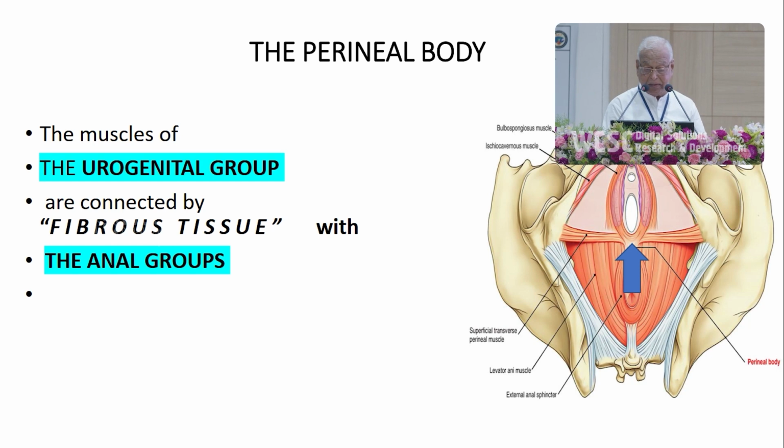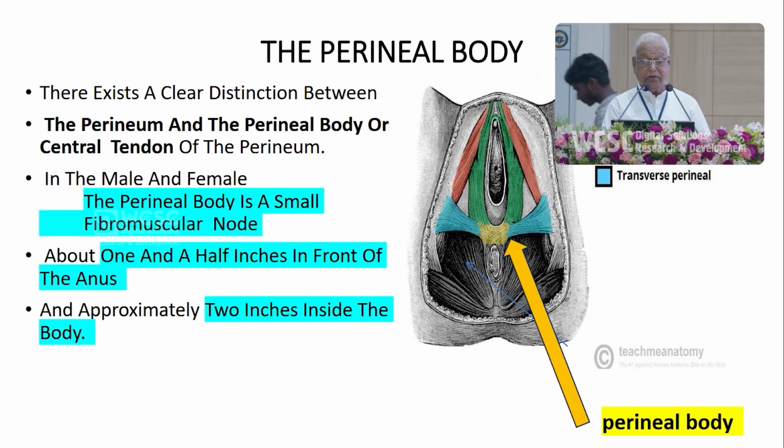It is the perineal body or the genetic center. Perineal body is the anatomical term, and in our spiritual term it is the genetic center, where the front urogenital group and the back anal groups meet at a central point with a fibrous nodule. That fibrous nodule is a small muscular nodule. Usually we say it is between the eruvai and karuvai.